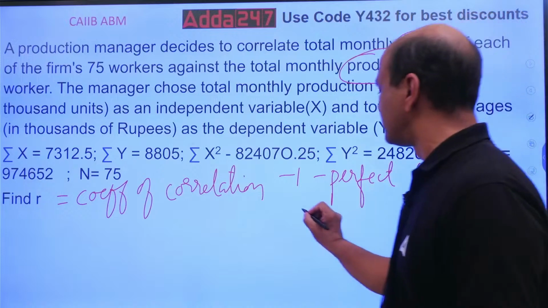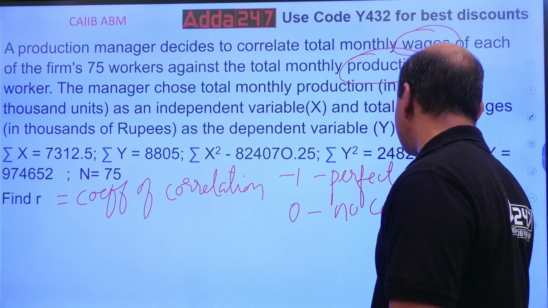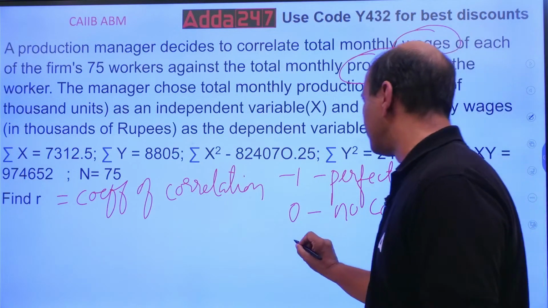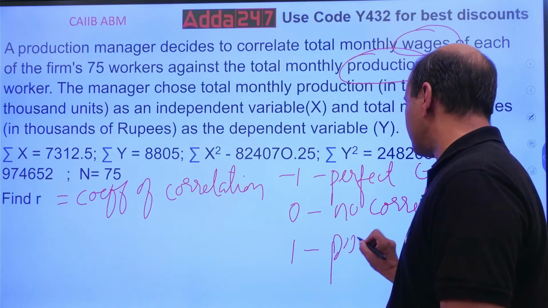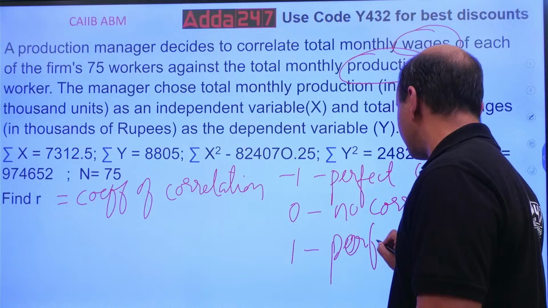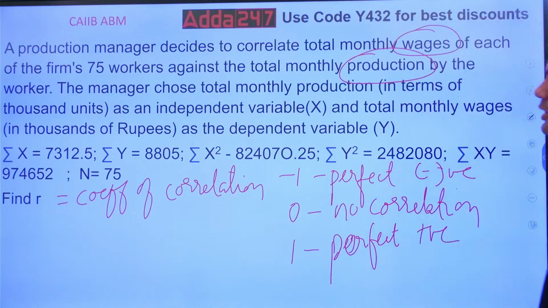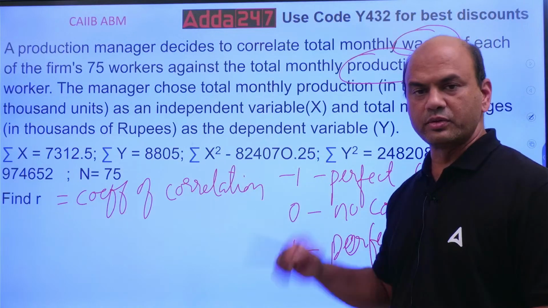If it is 0, then no correlation. This is the logic behind this R. And 1, perfect positive. So this is the overall logic of R. Now you have to find this R only over here.